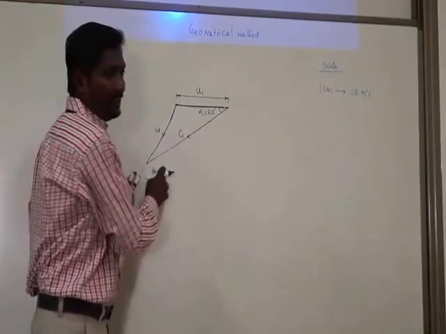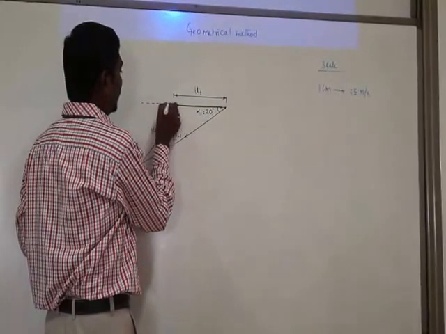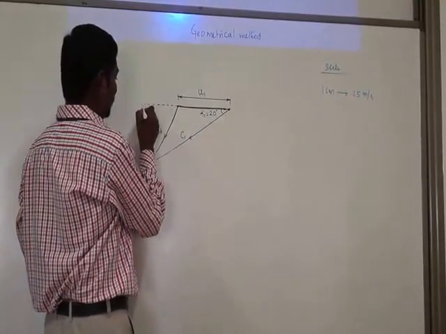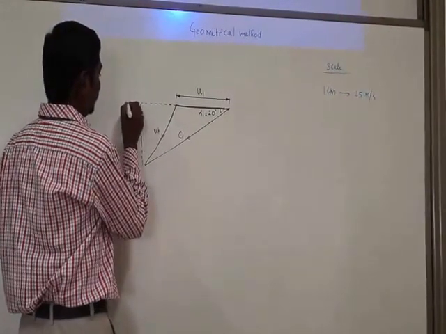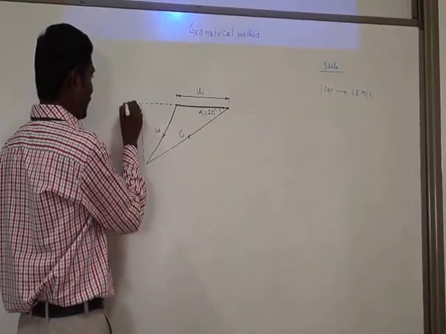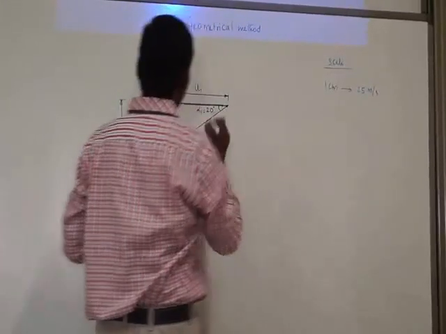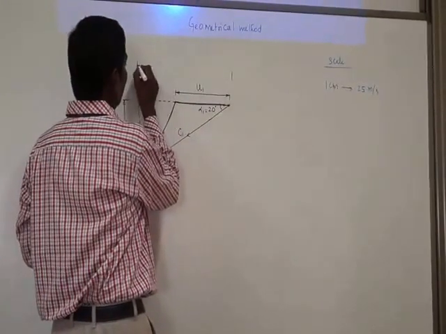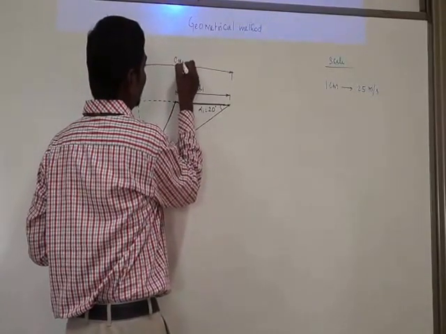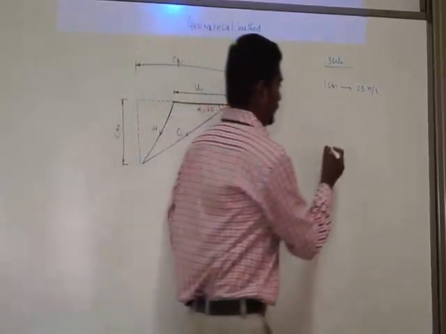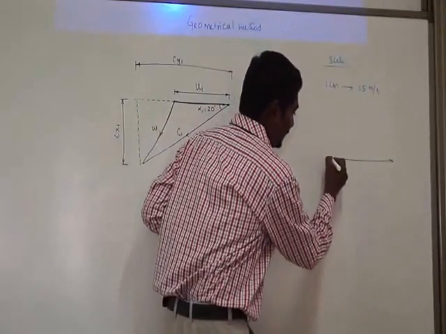C1 is the fluid velocity, U1 is the blade velocity, W1 is the relative velocity. This fluid velocity C1 has two components. You can resolve it horizontally and vertically. Then you get the axial component of the inlet fluid velocity, known as Cx1, and the tangential component, Cy1. The direction of fluid flow is going to be like this.